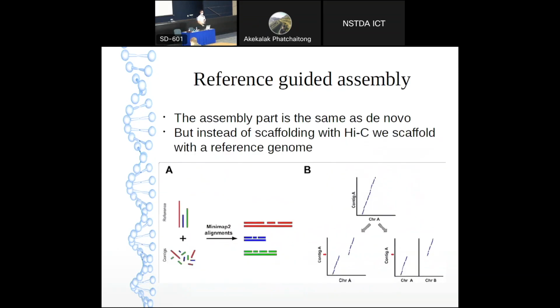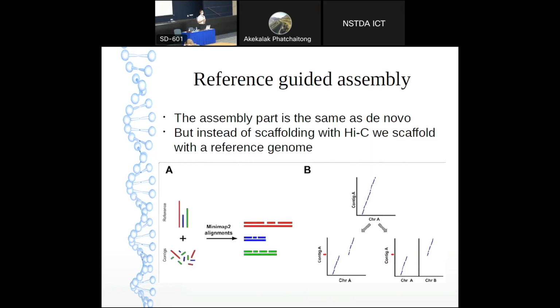Okay, so the next part is reference-guided assembly. The assembly part of this is the same as de novo assembly, but instead of scaffolding with Hi-C, we scaffold with a reference genome. This was primarily designed for what we call resequencing.